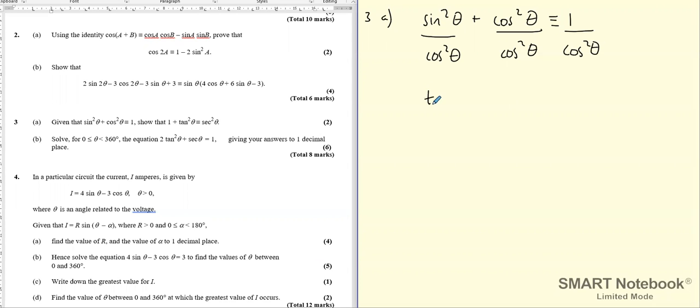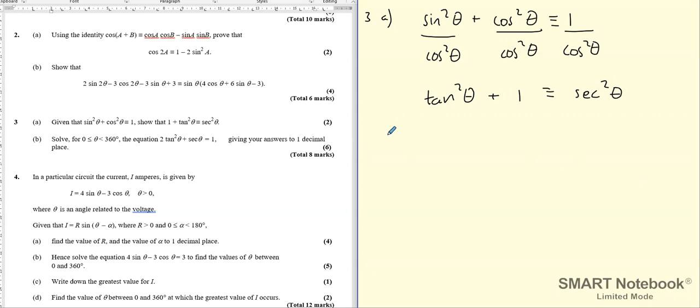So here we get tan squared theta plus 1 equals sec squared theta. And that is exactly what we need to show. So therefore Part A is done.